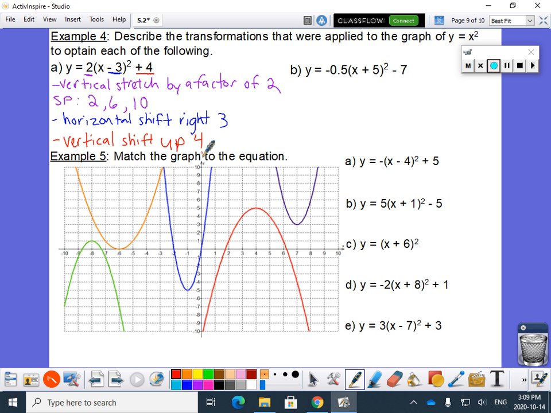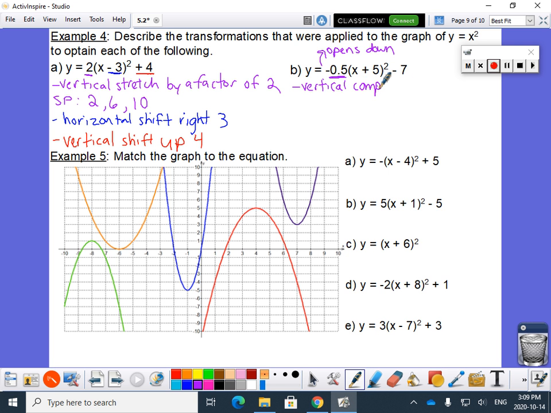So we will start with A again. So in general, this negative is telling us that it opens down. Okay, and we have an A of negative 0.5. So because 0.5 is greater than 0 but less than 1, we call that a vertical compression.